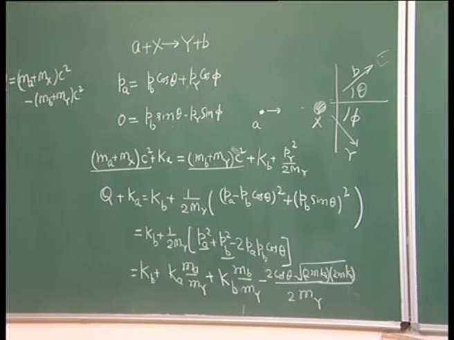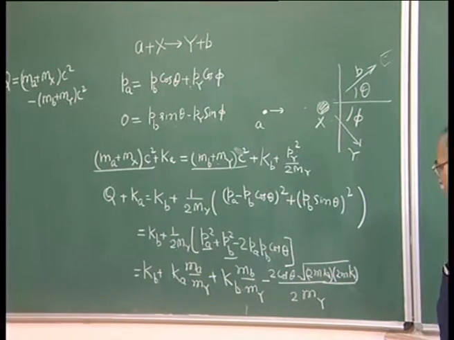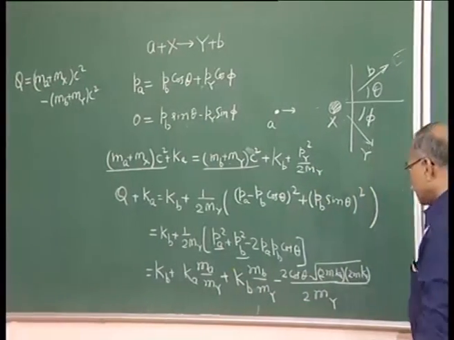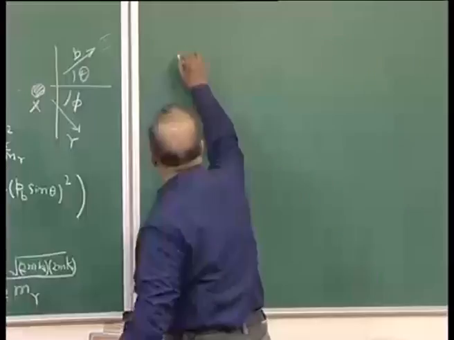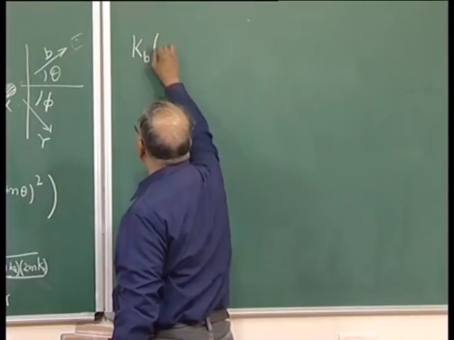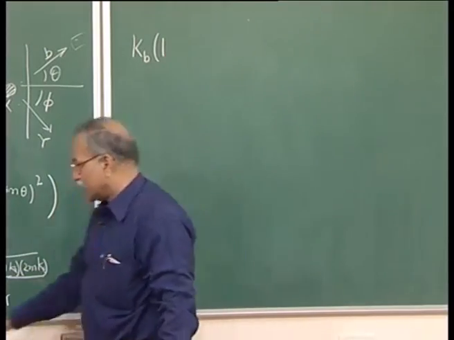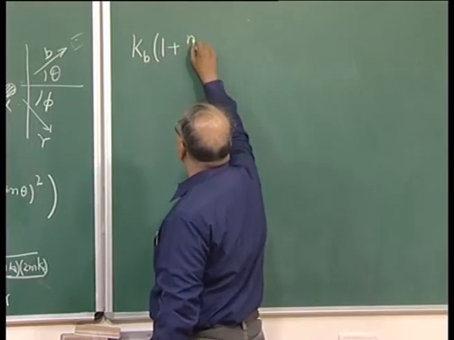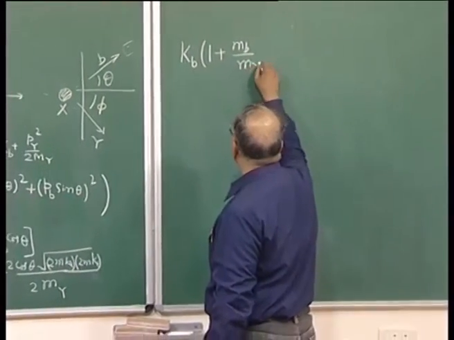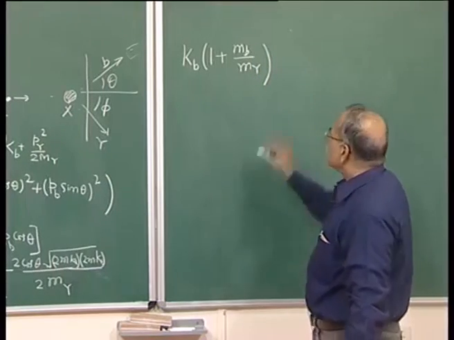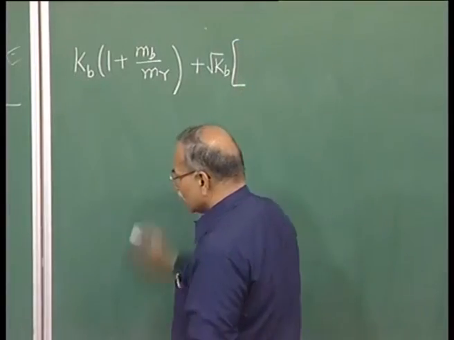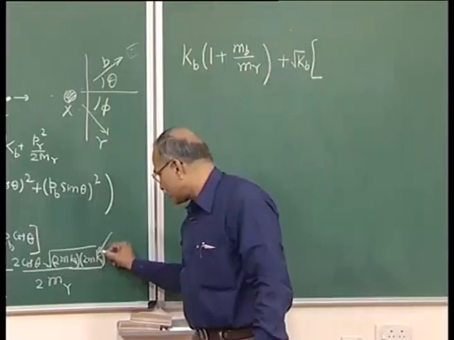So, now let us write it as an equation in Kb. Let me first see the Kb term is here and Kb term is here. So, you have Kb, and this Kb I am writing and this Kb I am writing. So, 1 plus mb divided by my, then square root of Kb. With square root of Kb, here is square root of Kb.